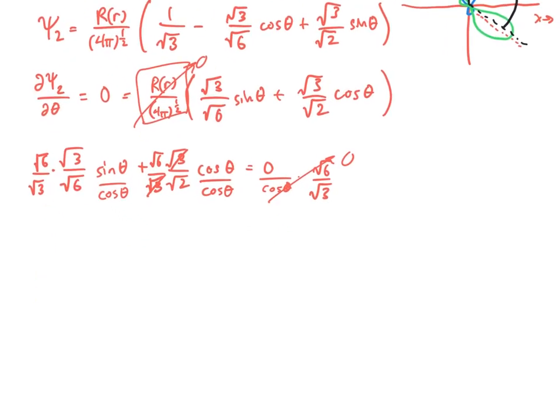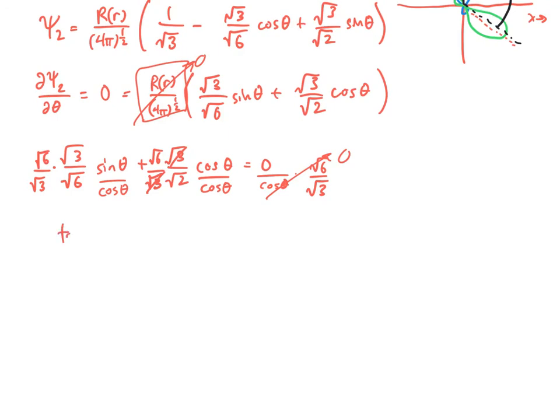And so once we're done simplifying all that, we get the tangent of theta, because that's what this expression means, plus the square root of 6 over the square root of 2 just equals 0. And I can subtract this from both sides.